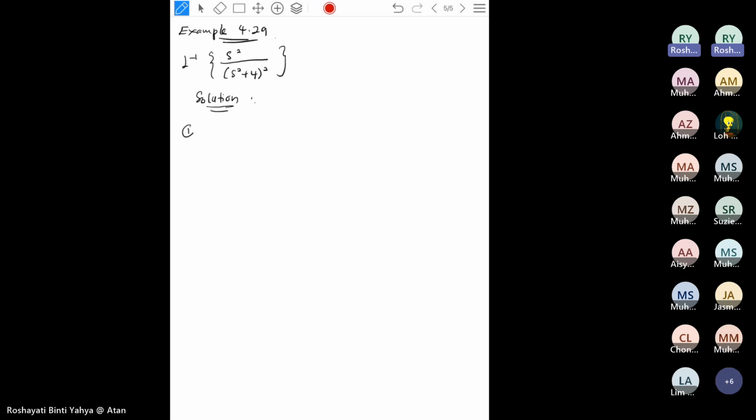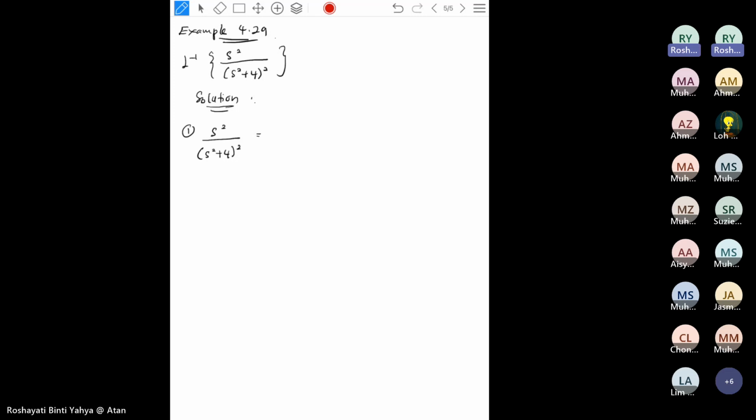So the first one, S squared over S squared plus 4 squared equal to, okay class, this is not partial fraction. Okay, this is in a convolution theorem.